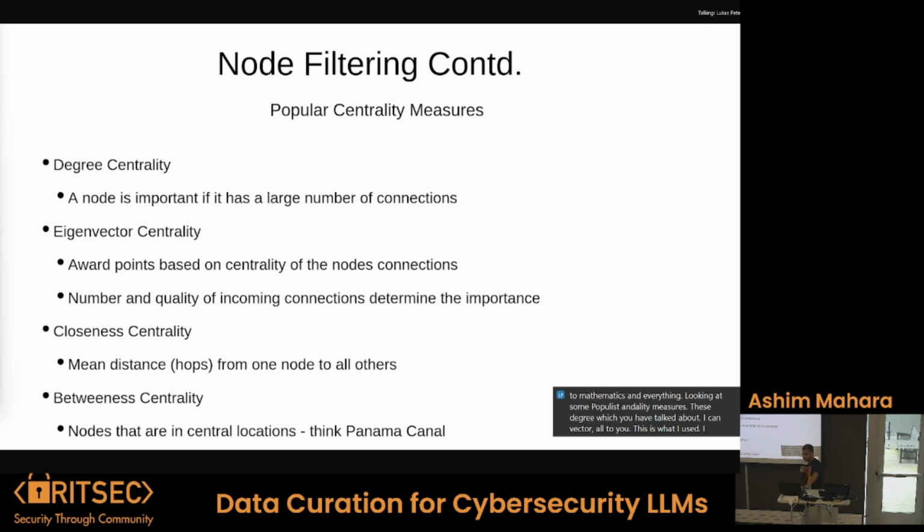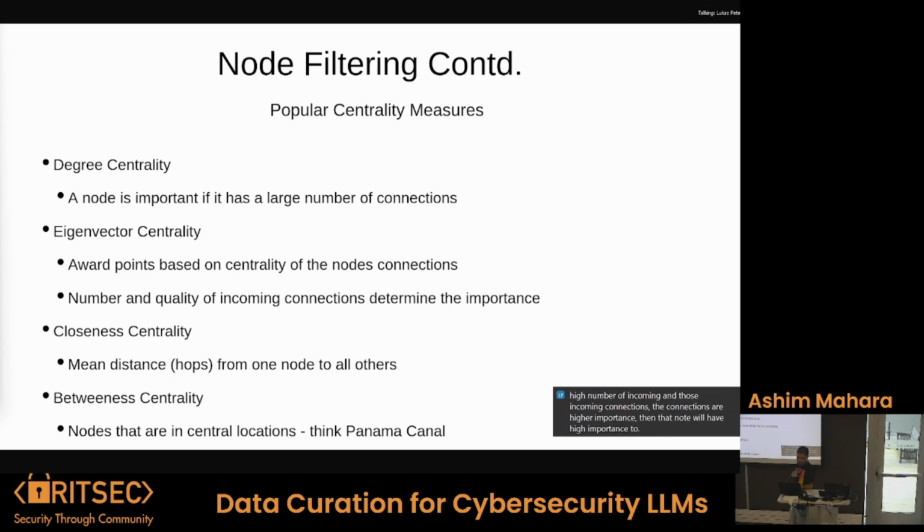If an important node references another node, it shares some of its centrality score with that node, which means that if a node has a high number of incoming connections and those connections are high in importance, then that node will have higher importance too.